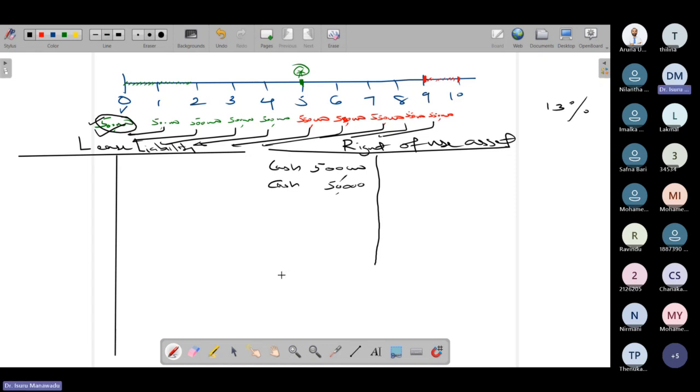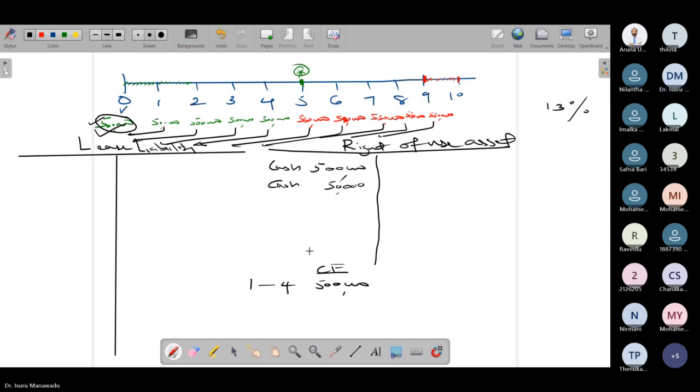Now there is a specific cash flow: 500,000 for the first 4 years. Year 1, year 2, year 3, year 4. What is the cash flow? 500,000, year 1 to 4.